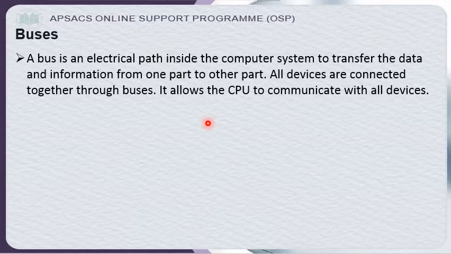So we get to know that all devices inside your computer are connected through the buses. Whenever the CPU wants to communicate with the other components inside the computer system, buses allow them to communicate.